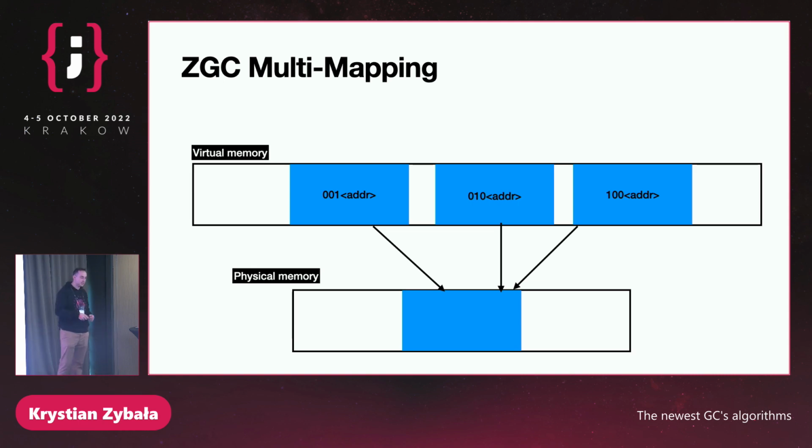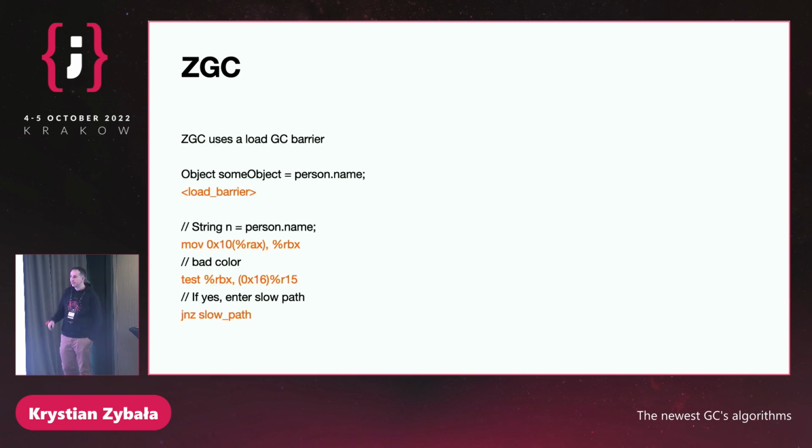Multi-mapping is basically a technique used in Linux: the same virtual memory addresses point to the same stable physical memory address. It's very important because, when we change bits, we still point to the particular physical memory address.